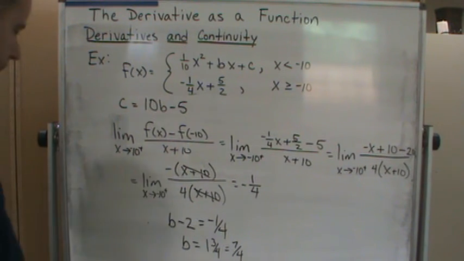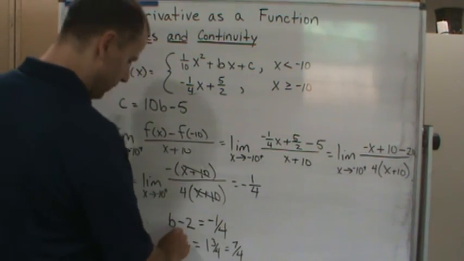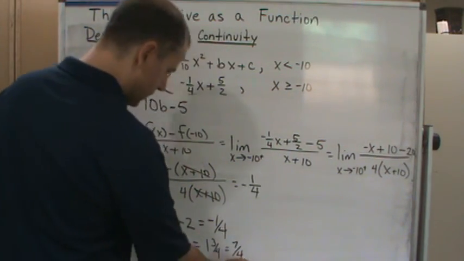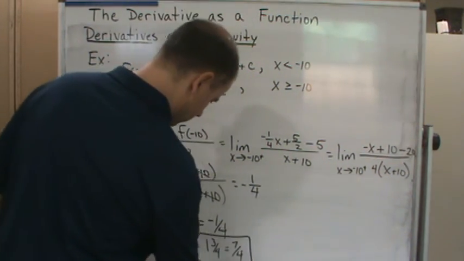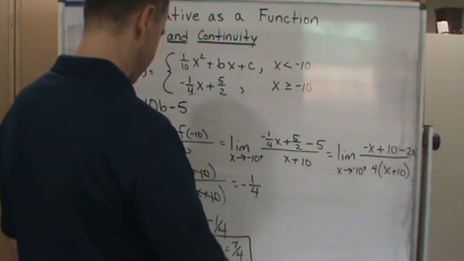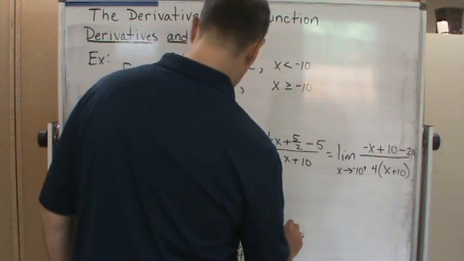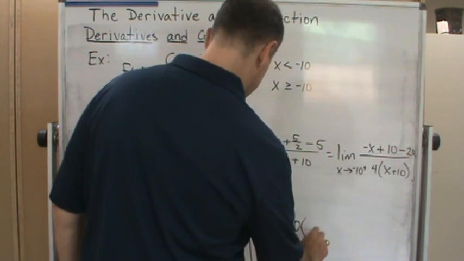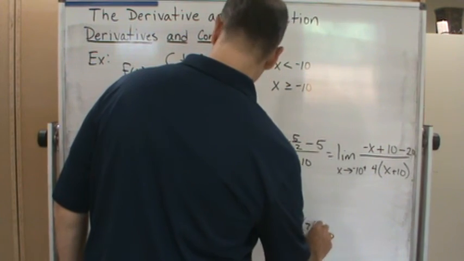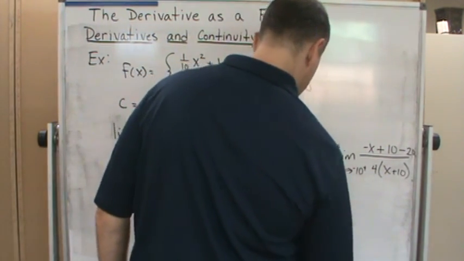Now we know what c needs to be. So b has to be 7/4, and c has to equal 10 times b, which is 7/4, minus 5.